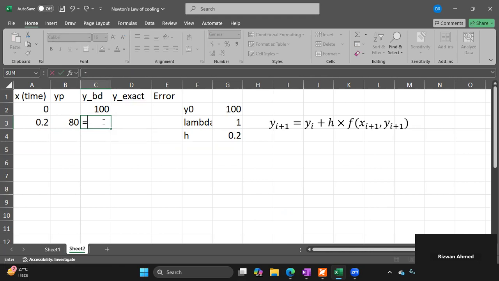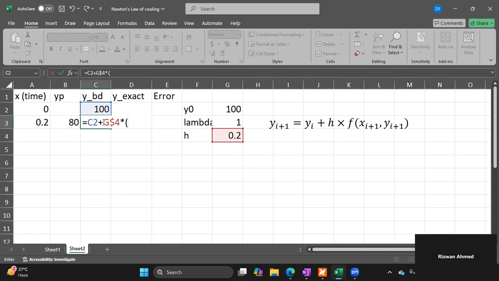So now this is equal to y_i plus h times, h is $4, times the slope value computed with the predicted value of y.